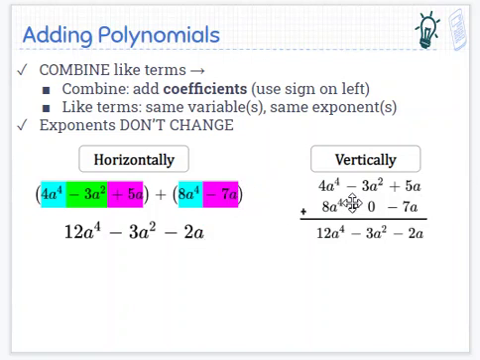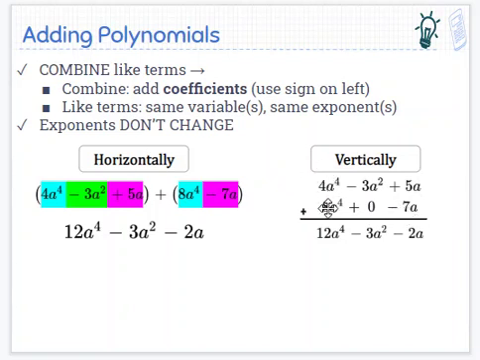Now you can also add your two expressions vertically. For instance, we took the 4a to the fourth minus 3a squared plus 5a, wrote it on top. Then plus 8a to the fourth. Now this plus 0 happens only because there's no a squared term in your second set of parentheses. And you have a negative 7a.